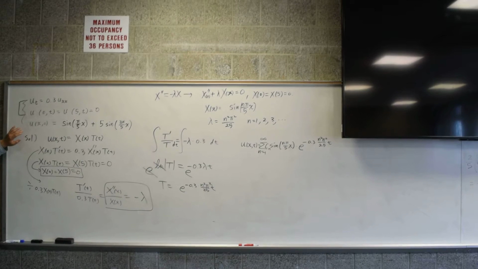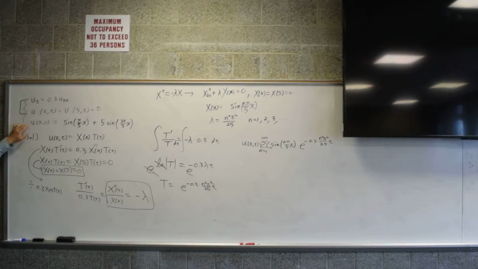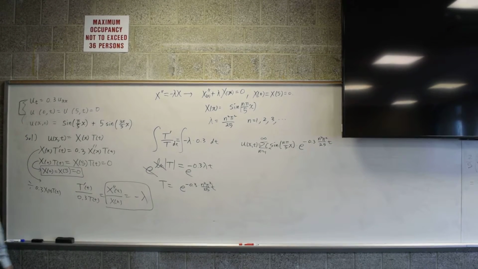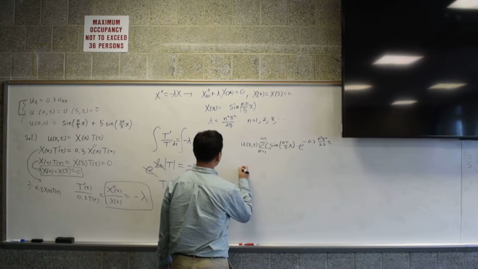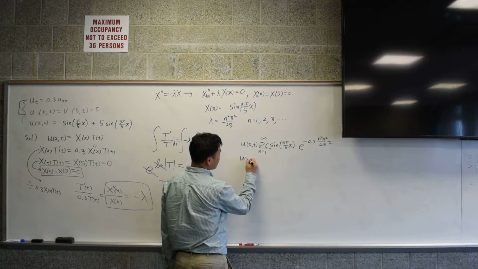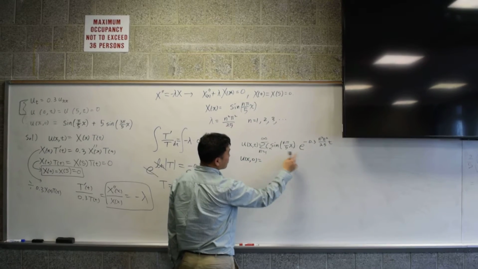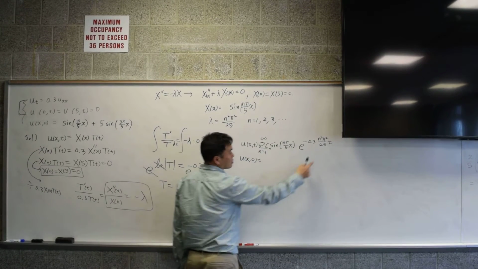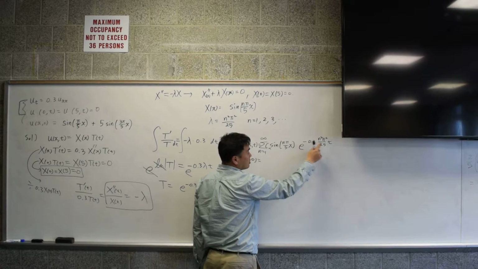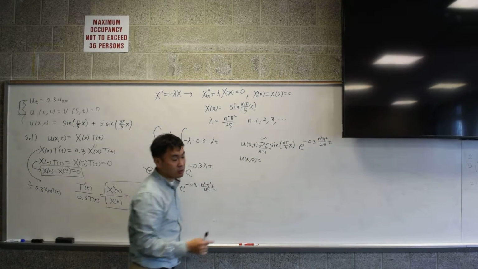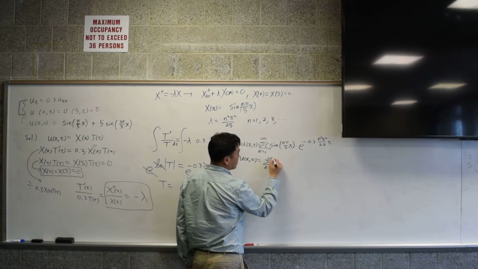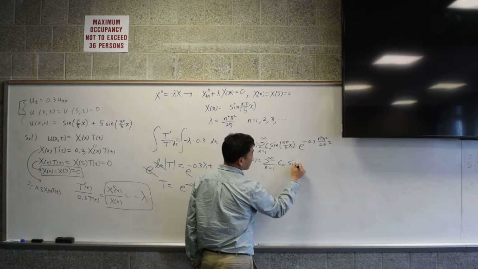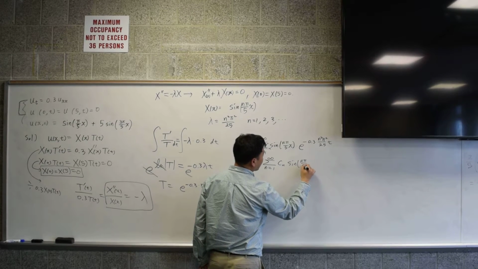And now all you have to do is to make this initial condition work. How do you make it work? Well, just write it down. What is u(x, 0) for this? You're plugging a 0 into what? t. So e to the 0th power. What's e to the 0th power? 1. So you have sigma n from 1 through infinity, Cn, sine of n pi over 5 x.